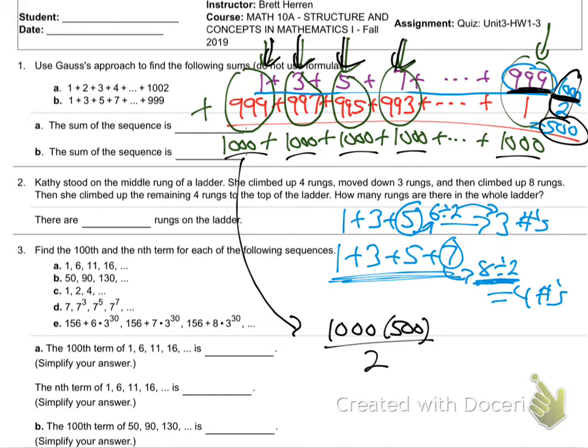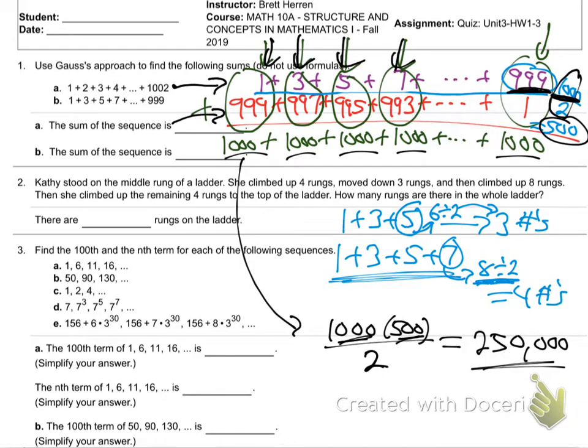And then we had 500 1,000s, and then you've got to divide that all by 2, because that's the list forwards and backwards. So if you do that, you get 250,000. There's our answer to part B.